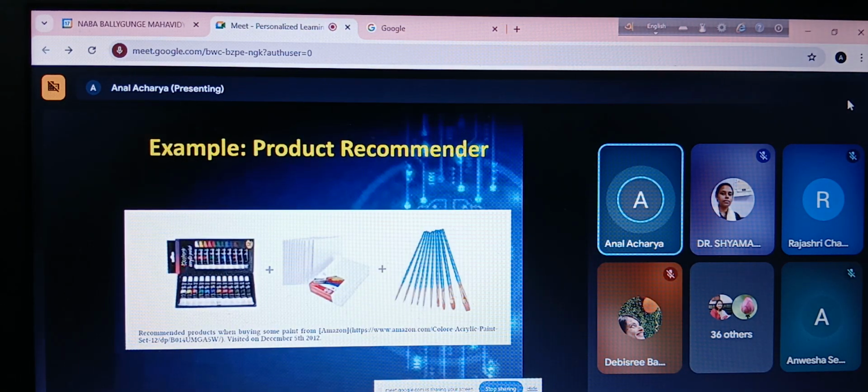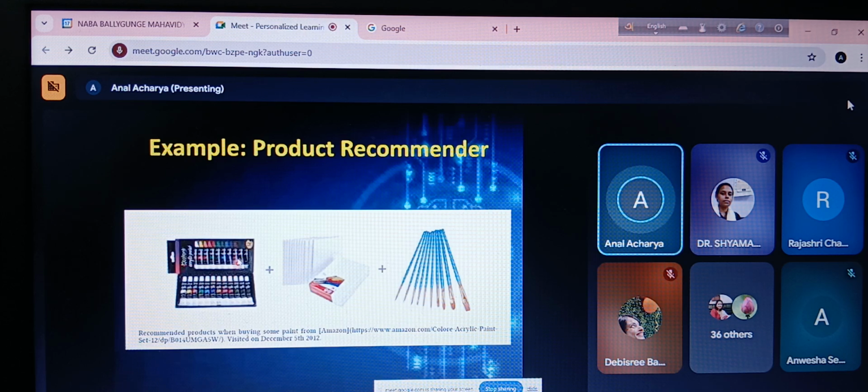You will find an example of XAI is this product recommender. Product recommender means, let us suppose you want to buy something from Amazon. So if you want to buy something from Amazon, along with that product, it will show you two other products, isn't it? For example, a person wanted to paint the house. So he ordered certain colors.